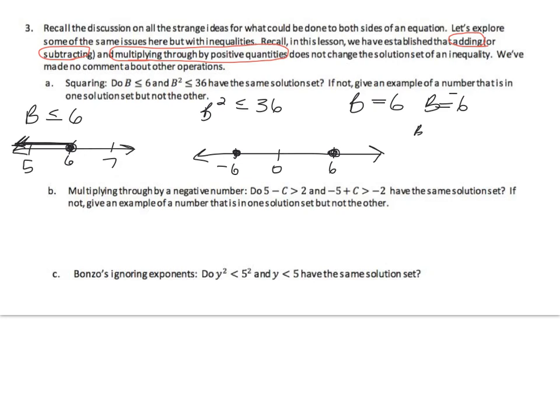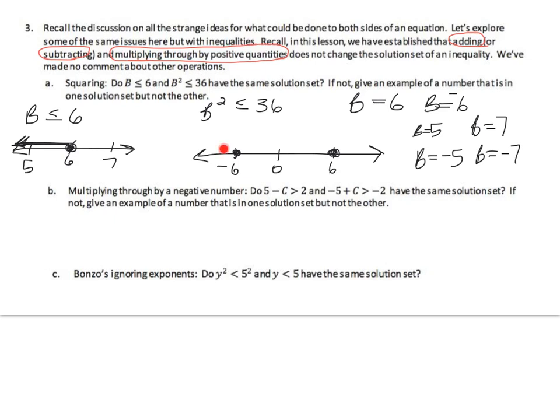If b were 5, that's 25. 25 is less than 36. b is negative 5. Negative 5 squared is 25, which is less than 36. How about b equals 7? 7 squared is 49, so that doesn't work. How about b is negative 7? Negative 7 squared is also 49.